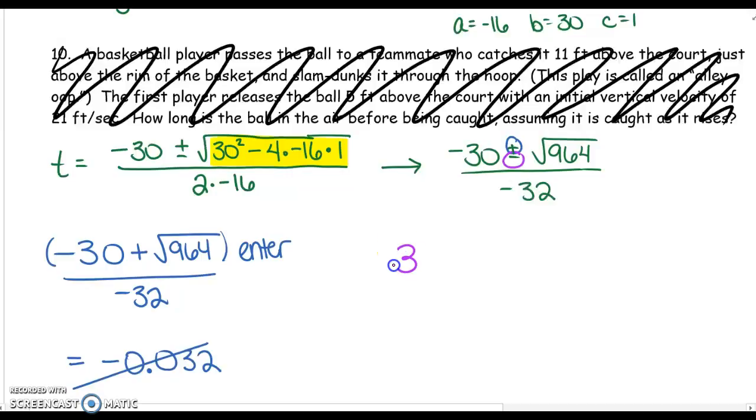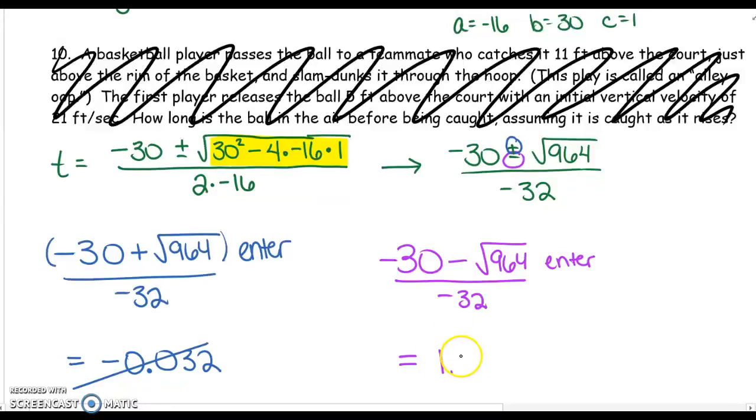So negative 30 minus the square root of 964. Hit enter so your calculator does all of that computing. Then divide by negative 32. Let's just do 1.9.